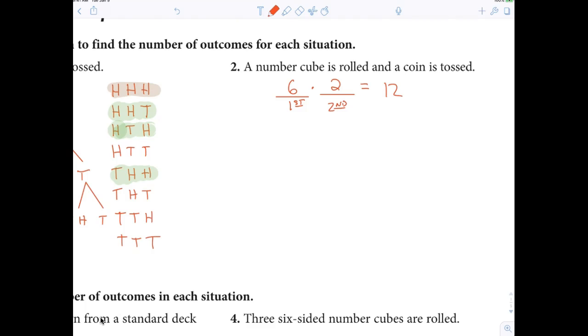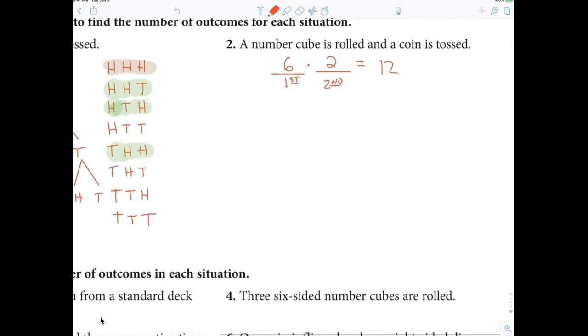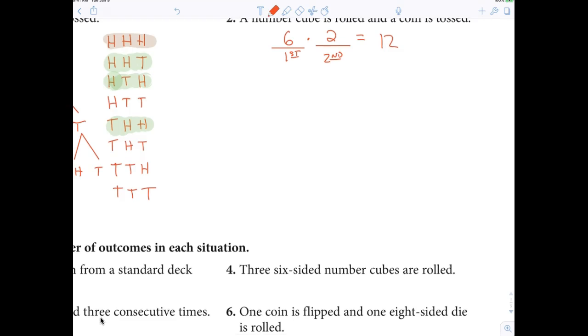Okay? Now we're going to try to draw the tree diagram. So the cube comes first. How many options do we have on the cube? 6. And how would I list those options? That's exactly right. So at the top, 1, 2, 3, 4, 5, 6. Beautiful.